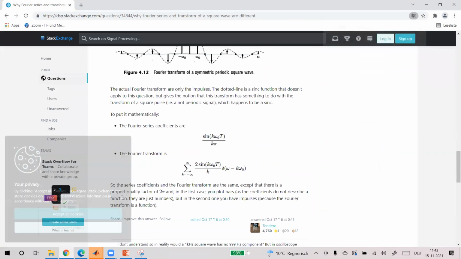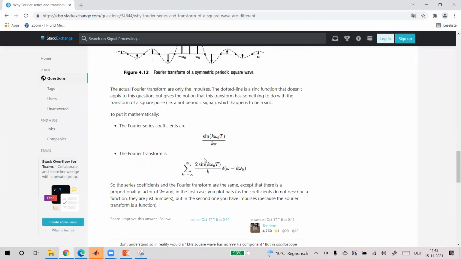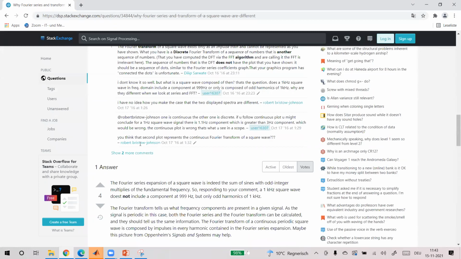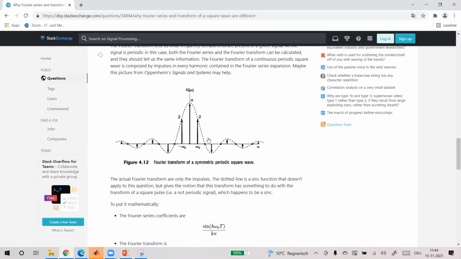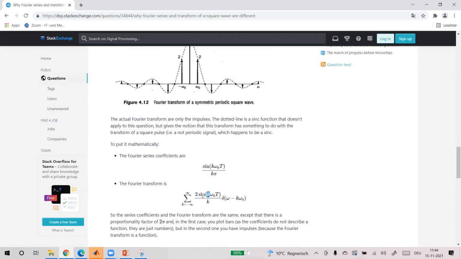So if you see here, what happens is your frequency and the phase actually also multiply. If you have some harmonics, this K means your harmonics, I guess. And here your whole phase and frequency multiply. You cannot see any phase here because there is no phase difference here. But if there is a phase, then the phase also multiplies.